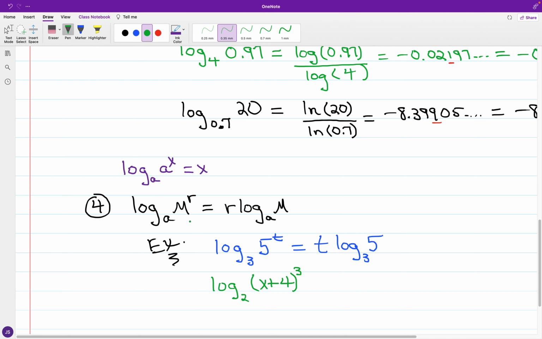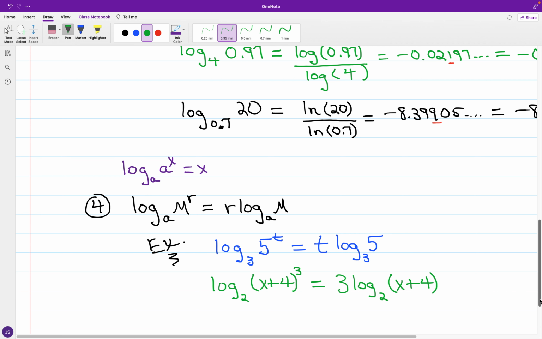So this time representing m is the binomial x plus 4, r is represented by 3, a by 2, and putting this in the format of r, base a logarithm of m, we have 3 shifted out to the front. So we have 3 times the base 2 logarithm of all of x plus 4. So you need to keep the parentheses.